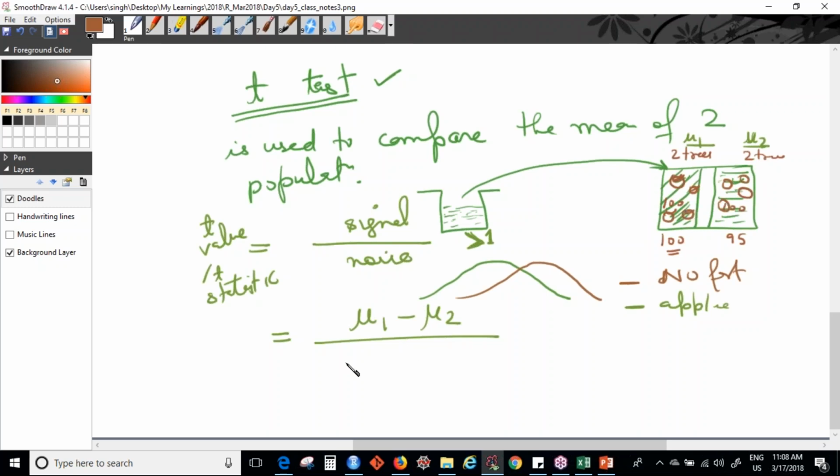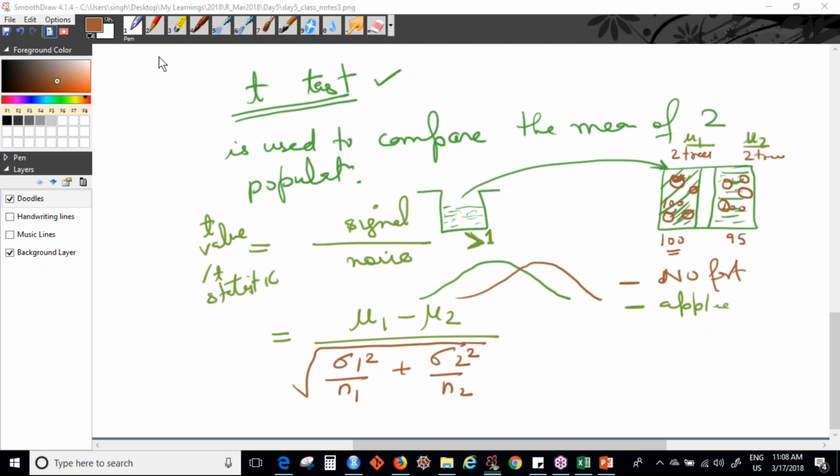So mu1 minus mu2, divided by the square root of sigma1 square by n1 plus sigma2 square by n2.